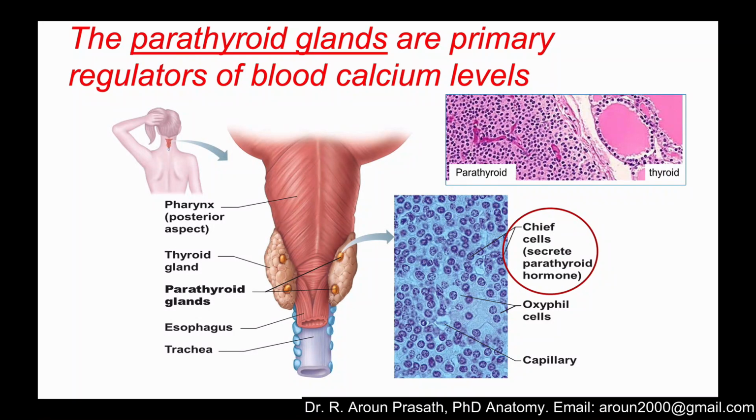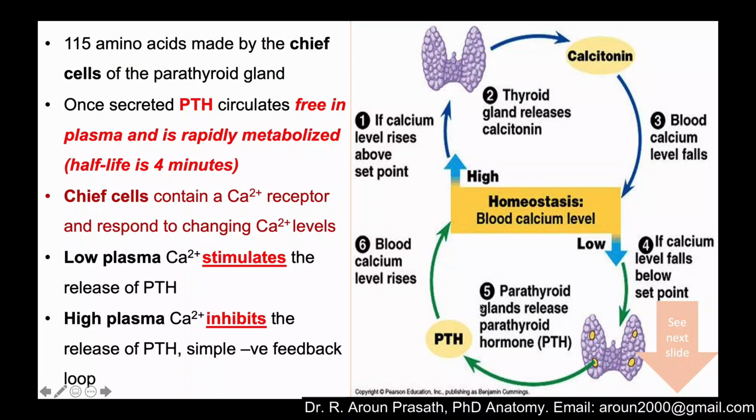As I told you, this is the histological appearance of the parathyroid gland, with the chief cells. Just observe carefully: when there is high calcium level in the blood, the calcitonin is released by the thyroid gland, which goes and stores the calcium in the bone, and thereby it reduces the blood calcium level.